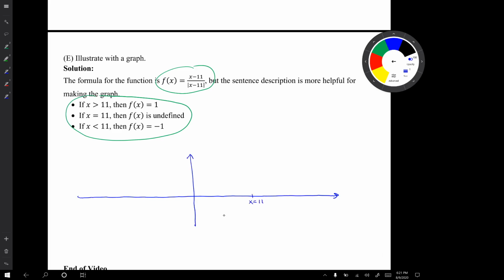Now, at x equals 11, f of x has to be undefined. So I'm going to put a vertical dotted line here to indicate that we have to not have a y value when x is 11. But to the right of x equals 11, the y values have to equal 1. So my graph is going to look like this. And to the left of x equals 11, the y values have to equal -1. So the graph is going to have to look like this.